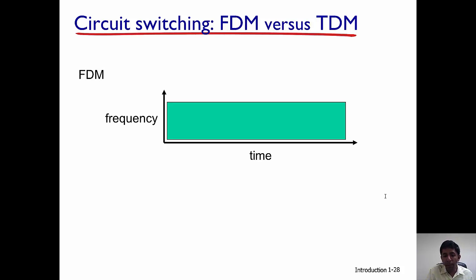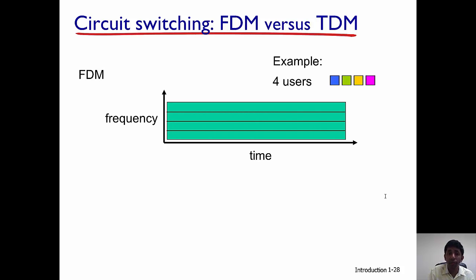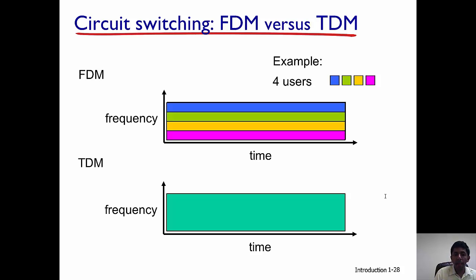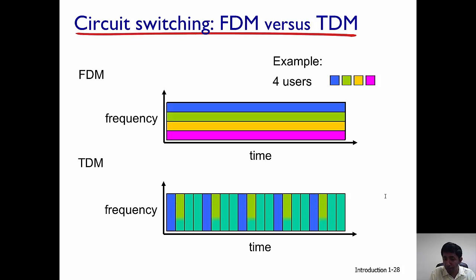So in FDM, the entire frequency is divided into different bands. For example, the entire frequency spectrum is divided into 4 segments, and each of these bands is allocated to a different user. So you can have the pink user using the band at the bottom, while the blue one is using the one at the top. In time division multiplexing, the resource that's available is time, and that is divided among different users, as you can see in this animation.